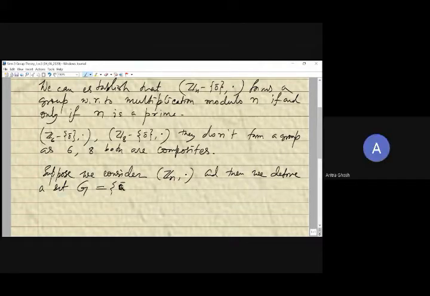Yes, sir. Okay. So we define the set G, which constitutes a set of those a class belongs to Zn, such that GCD of a comma n is 1. Okay.